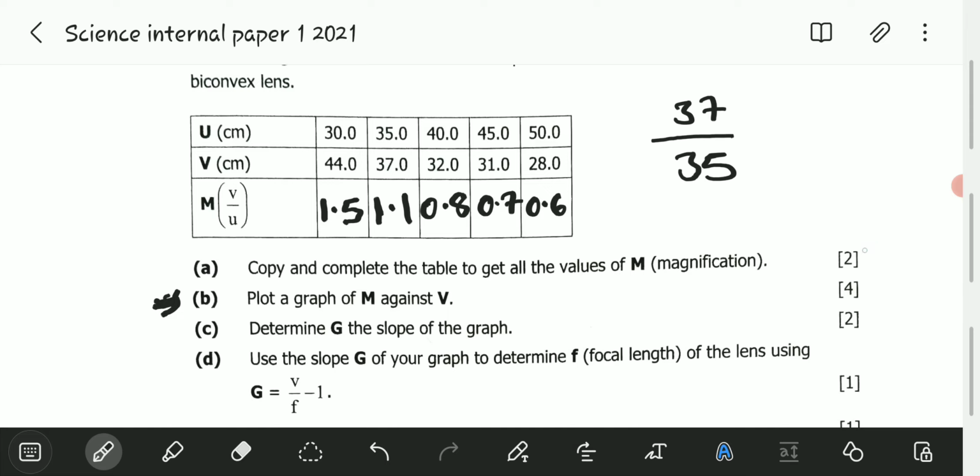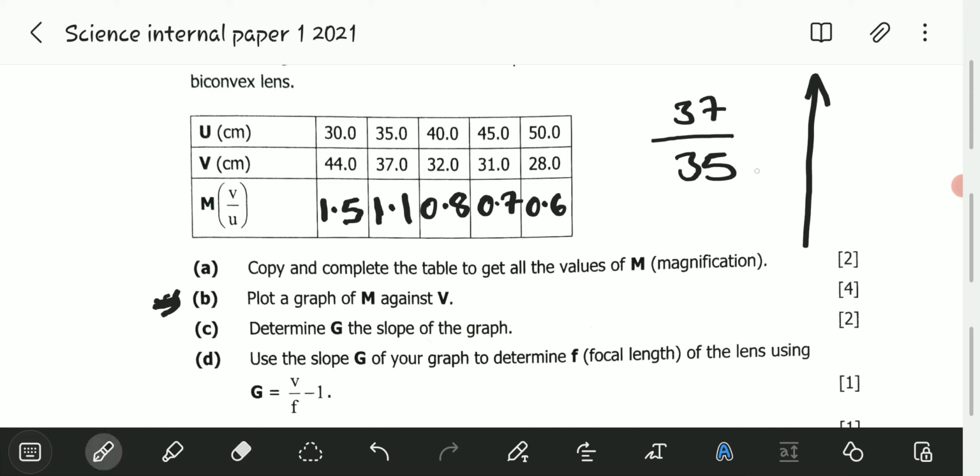All right, now we come to the core business, which is plot a graph of M against V. So M against V, what this means is that M should be on your y-axis.